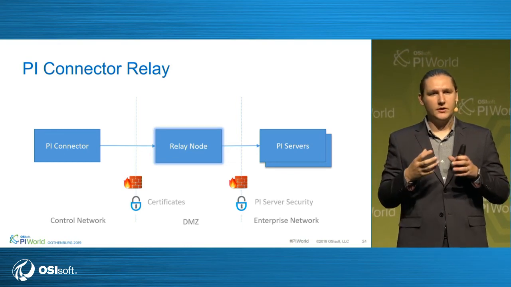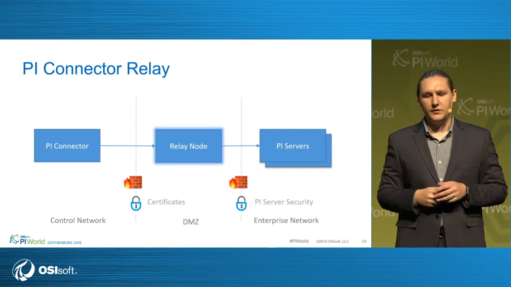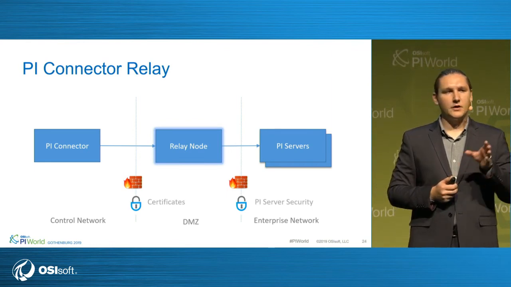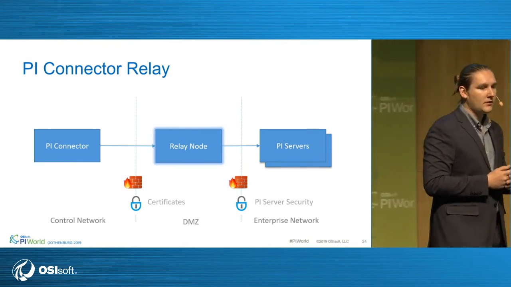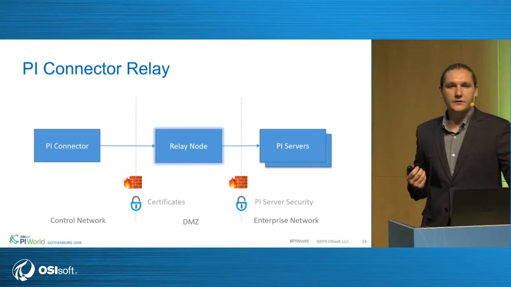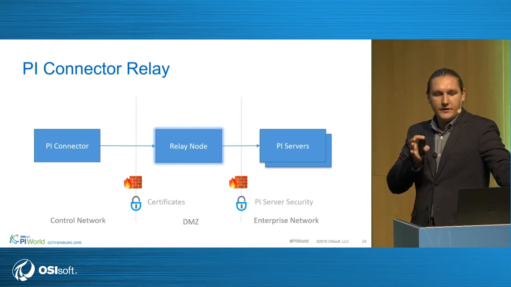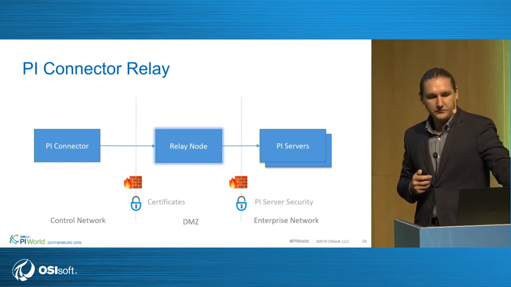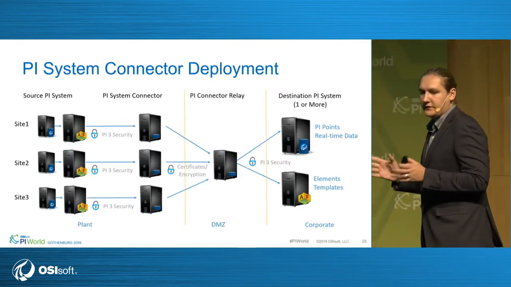And once we have collected all the data, we push it to the PI system implemented inside the corporate network. So it's like a mid-level connector node that allows us to make it as secure as possible, because when sending data between the connector and the PI Connector Relay, we are also using encryption with certificates.